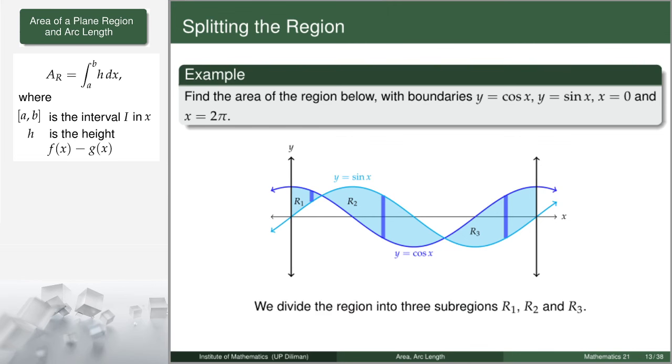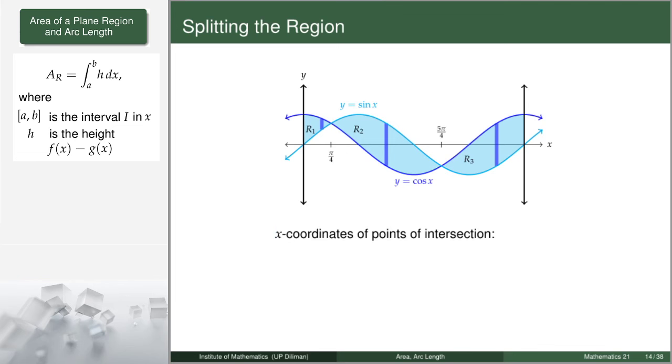I'll be able to do that by just solving for the quantities, and it will be left as an exercise to show that from 0 to 2 pi, it is at pi over 4 and 5 pi over 4 that these two curves intersected. And that tells me that to get the area, I just need to get the area of R1 plus area of R2 plus area of R3.